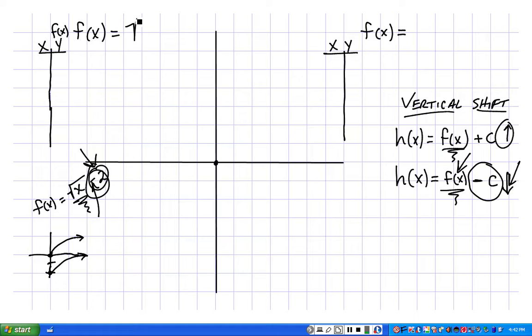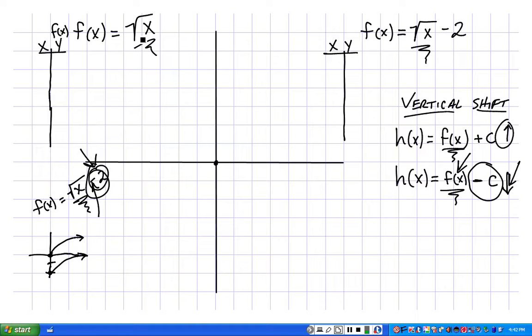Hopefully this illustrates it better. Alright, you have f of x equals square root of x, which is a parent function, and then we said f of x equals the square root of x minus 2. Okay, so a parent function minus a constant.